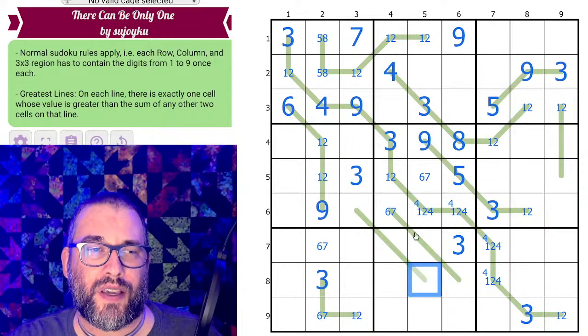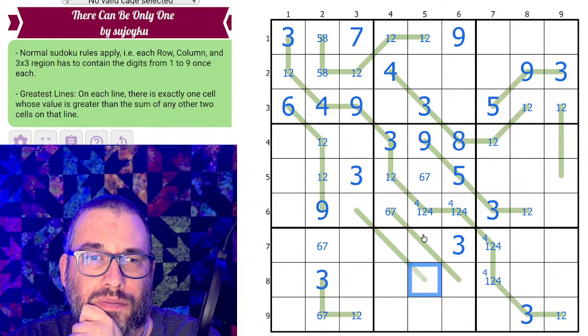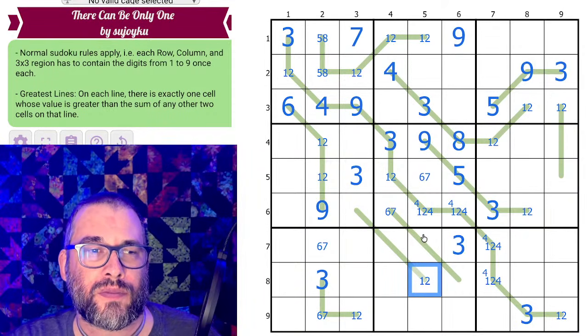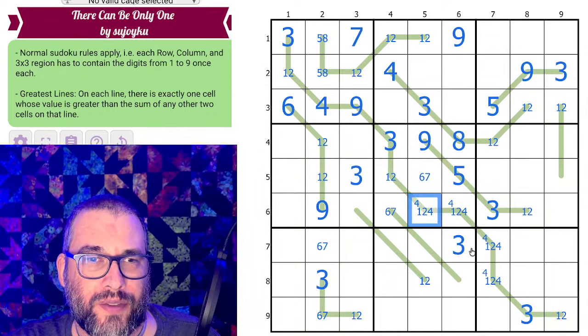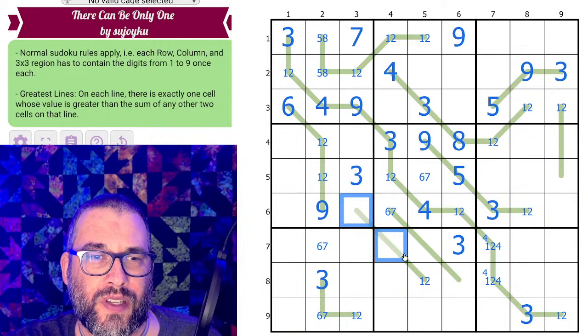Yeah, this has to be a 1-2, doesn't it? So that's our 4. Because these digits are big.